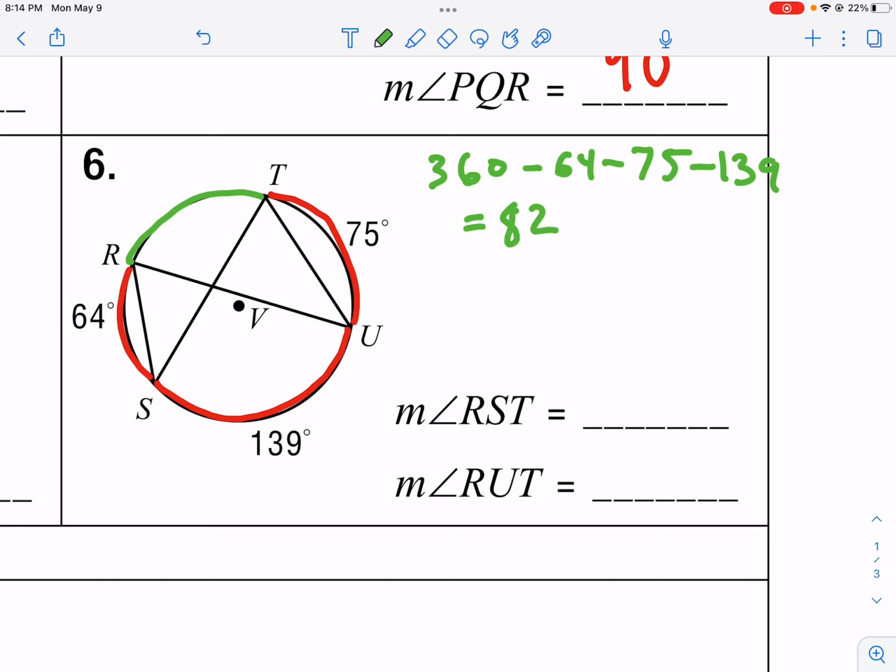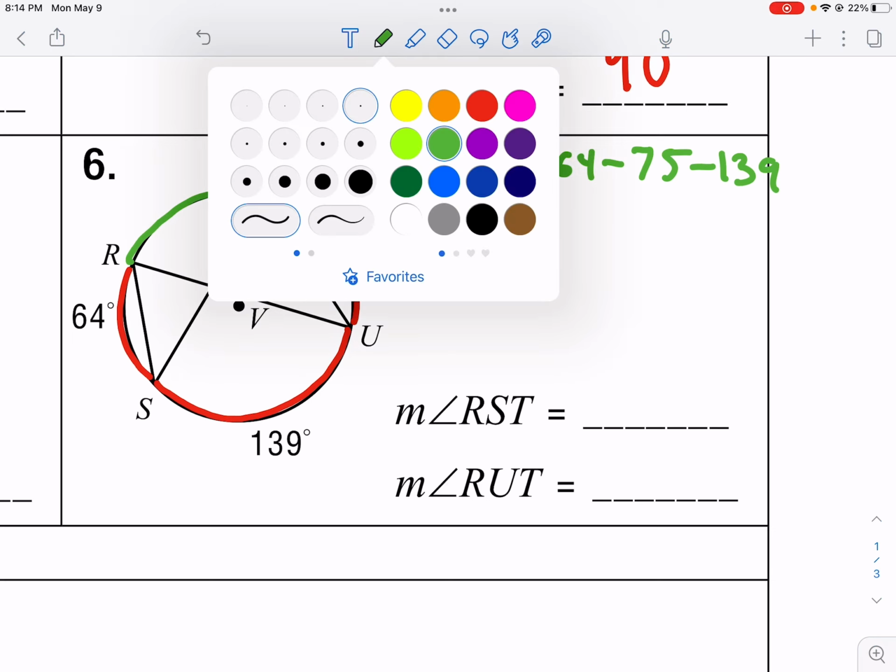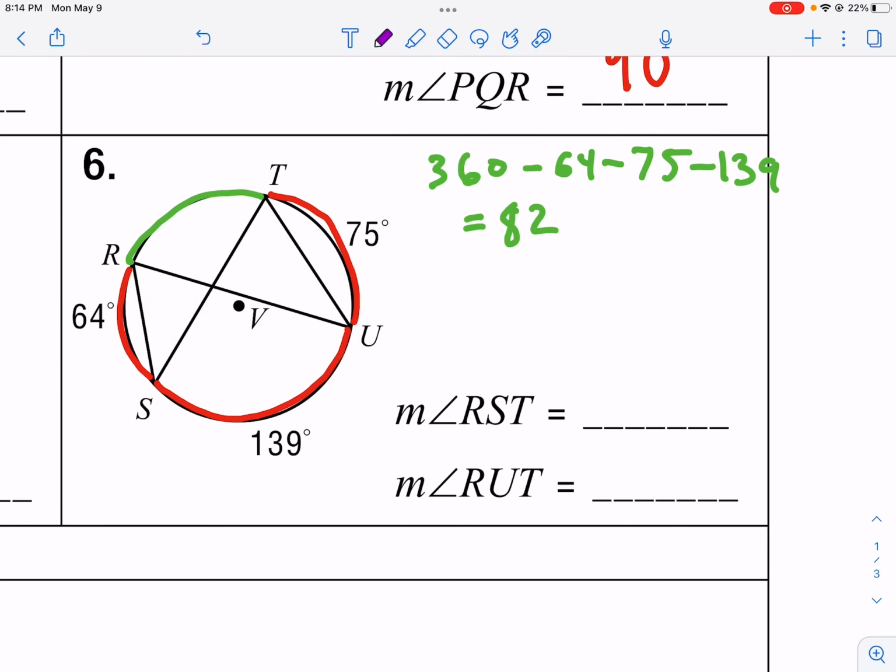So this intercepted arc is 82. That means the inscribed angle, which is here and here, is half of that. This will be 41. This will also be 41.